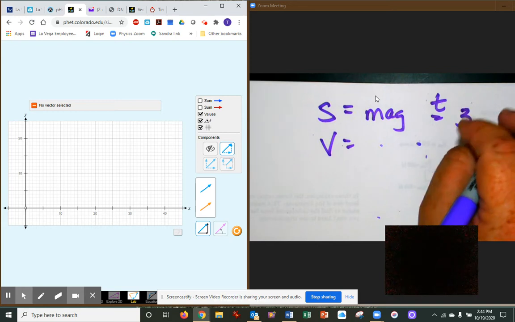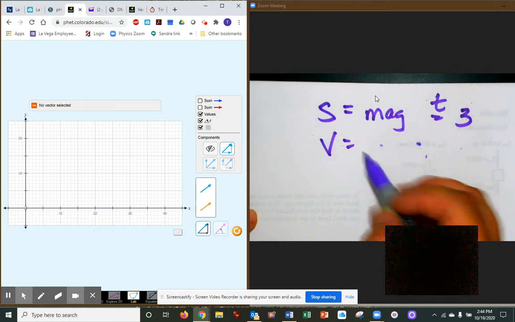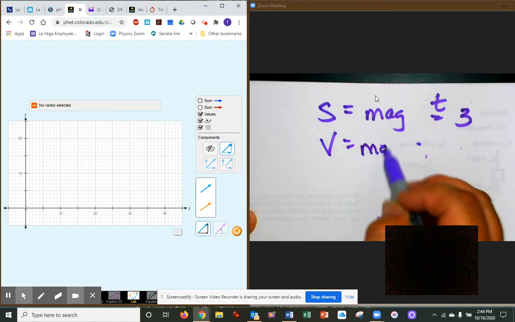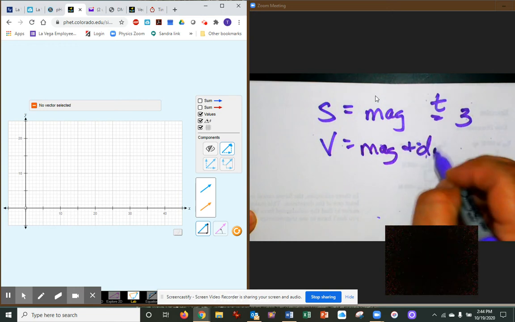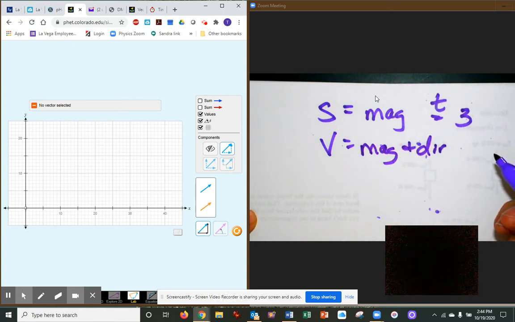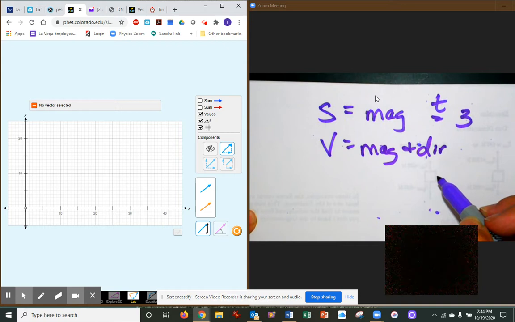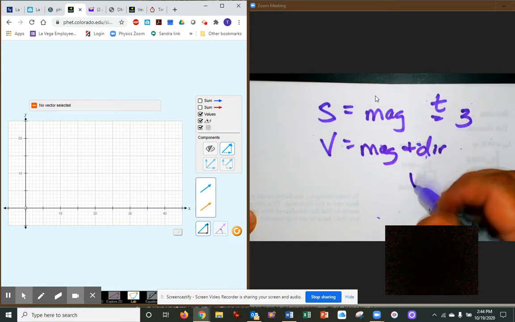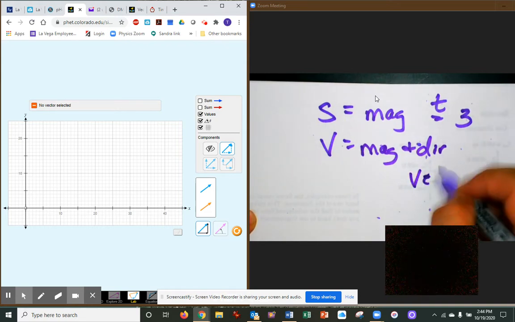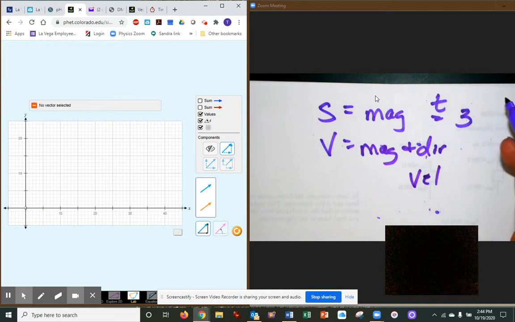It does not have a direction. Vector quantities have magnitude and direction. This would be like velocity. Like you're going 5 miles per hour to the north or to the south. So it has a direction.